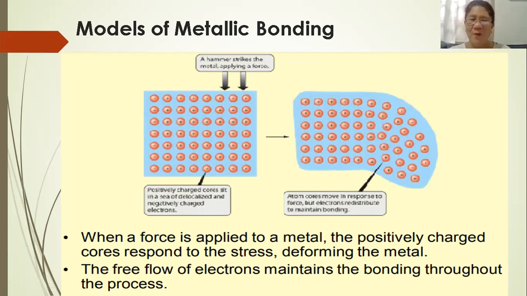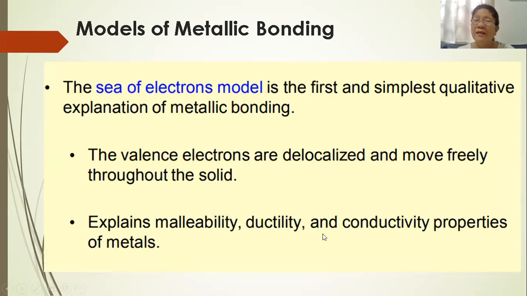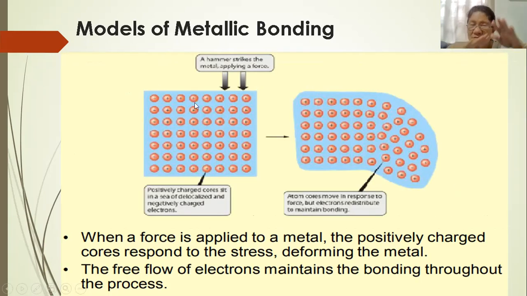A metal will just bend. Why? It could easily be deformed. The electrons could delocalize and move freely throughout the solid. That is its property, so it will be deformed.